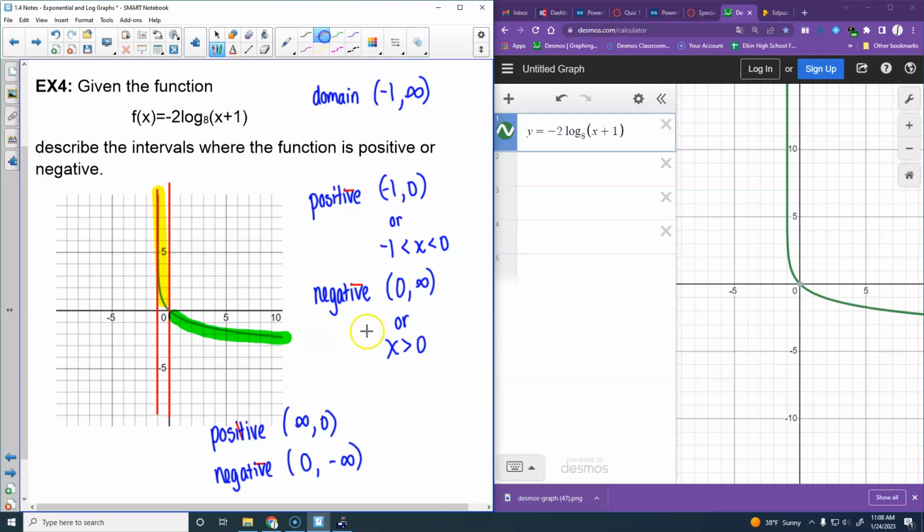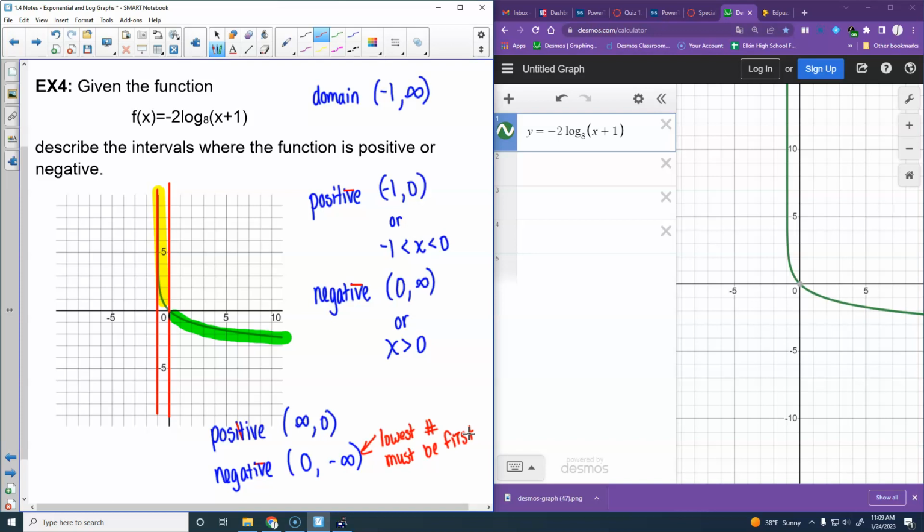So an alarm right here, actually both of these, I can tell you they are always wrong. Okay? So when you're using interval notation, lowest number must be first. So if you're looking at answer choices and you see 0 to negative infinity, that is wrong.